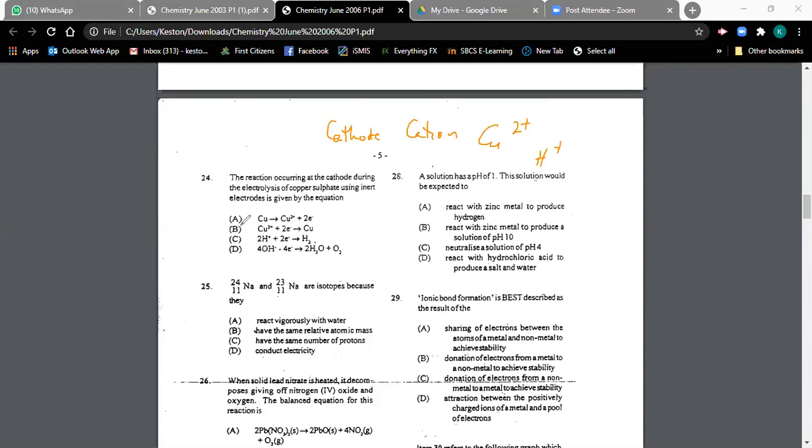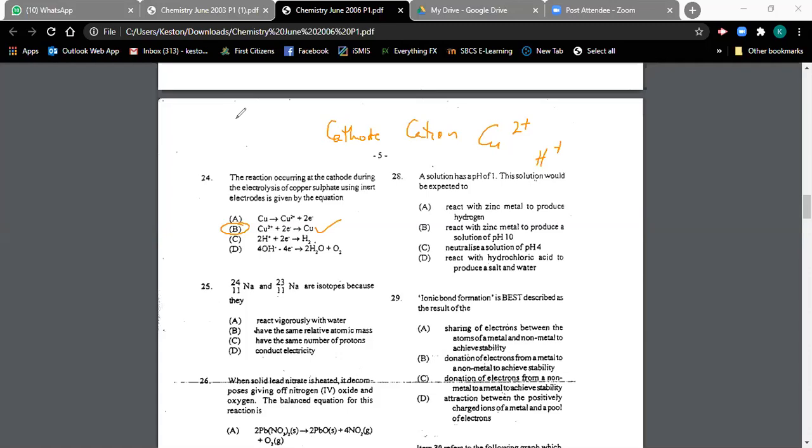B. Copper is going to be discharged. The electrochemical and reactivity series are more or less the same thing. It's just that you use different words when talking about reactivity of metals versus electrolysis.